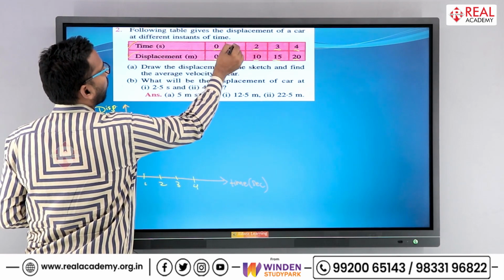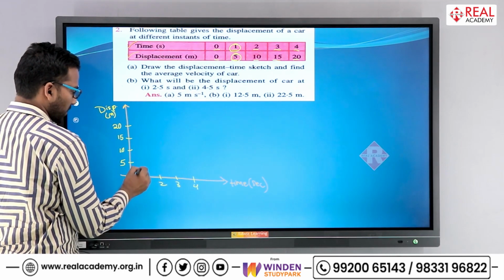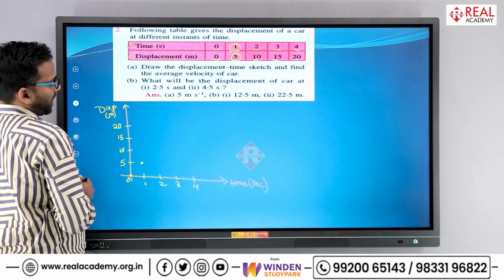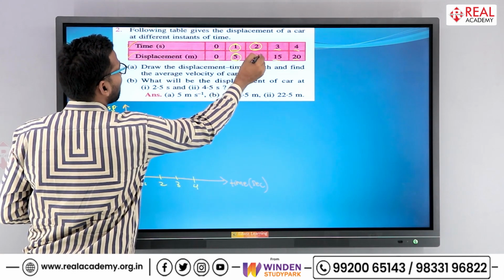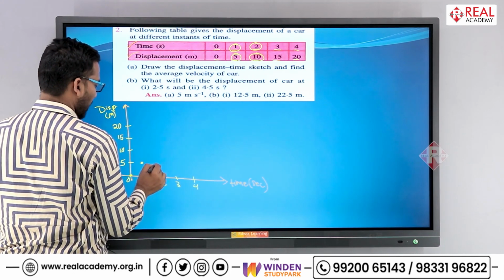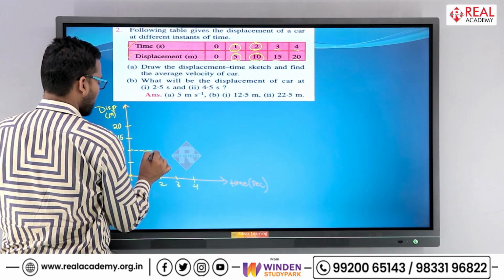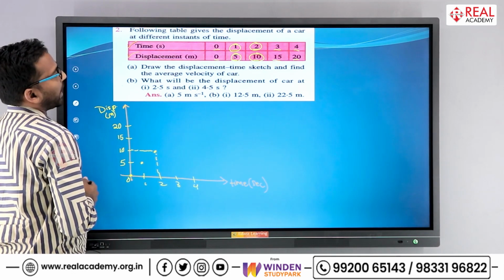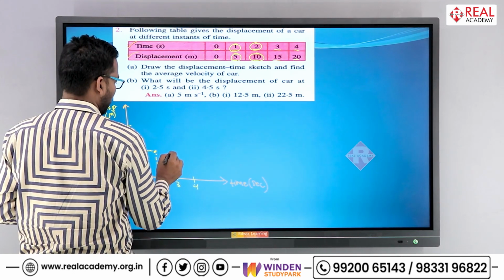Okay. For 0 seconds, the displacement is 0 meter. For 1 second, the displacement is 5 meter. For 2 seconds, the displacement is 10 meter. For 3 seconds, the displacement is 15 meter.